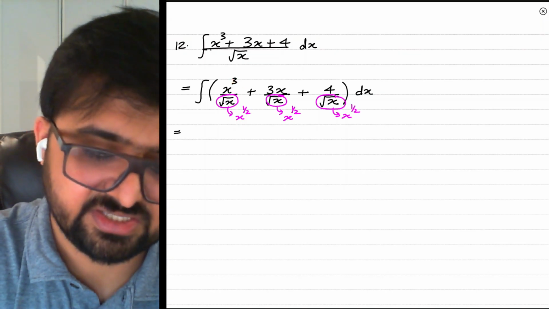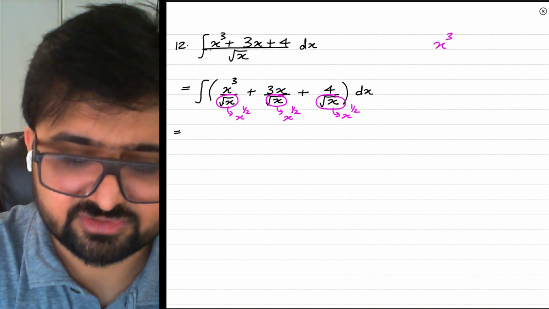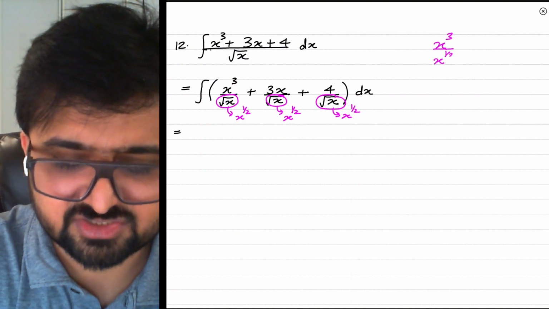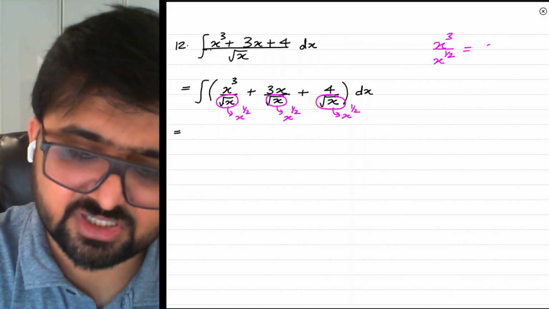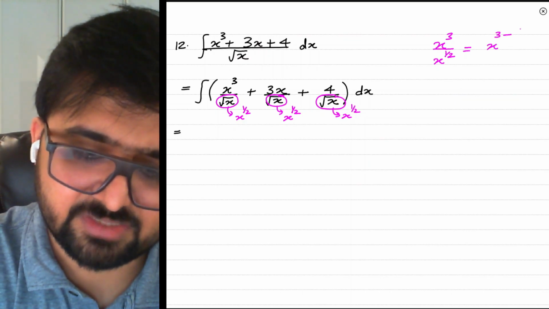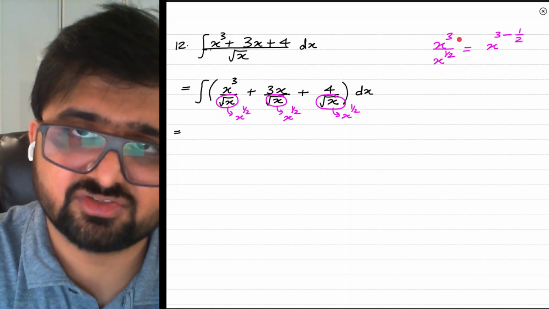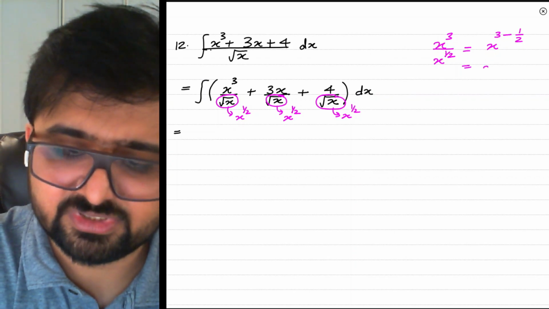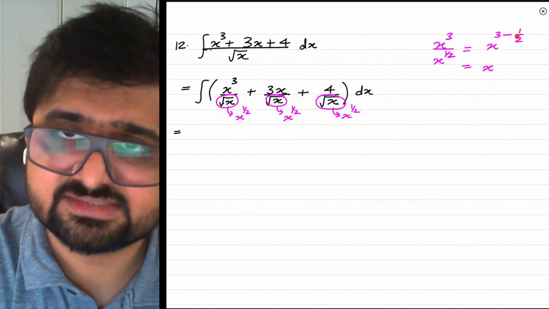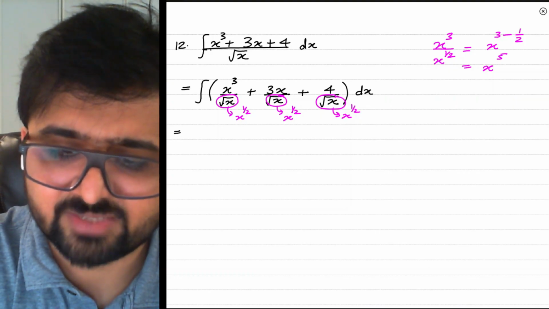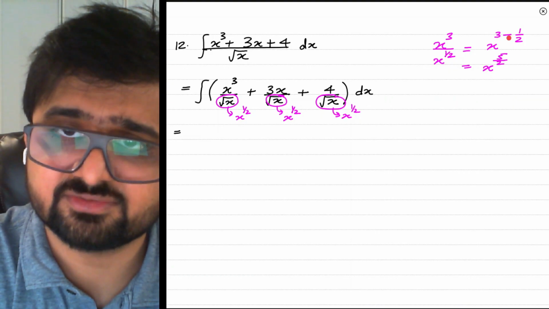Since this is x to the power 3 and in the denominator you have x to the power half, that will become x to the power 3 minus half, because since the base is same you can subtract those powers, so you will be left with x to the power 3 minus half will become 5 by 2. Okay, so 6 minus 1, 5 by 2.